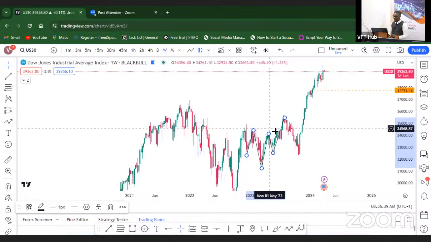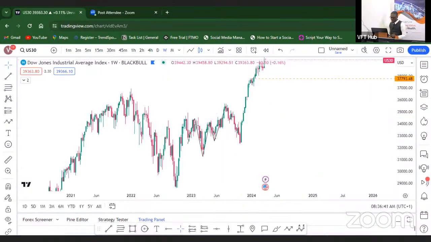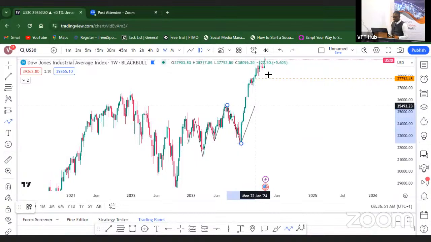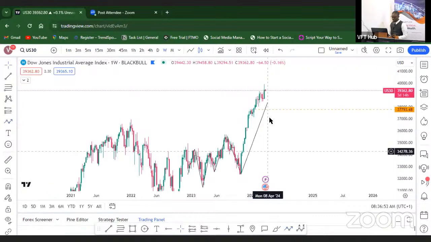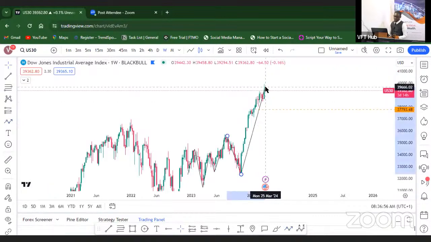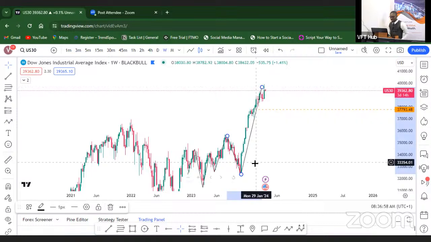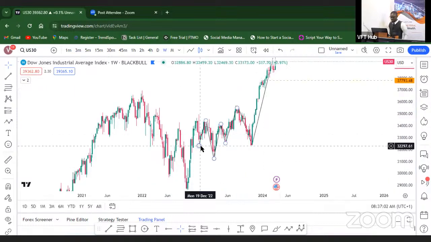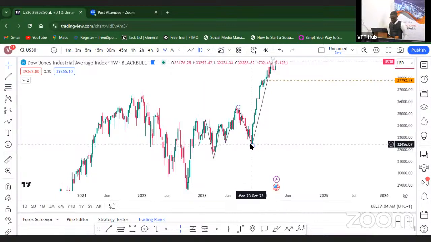And what did we see the market do? The market came to the downside, just as I saw some minutes ago, and then started pushing to the upside. I didn't see this actually. If I had seen it, I would have maximized this entire move and not even tried to sell once in this market.